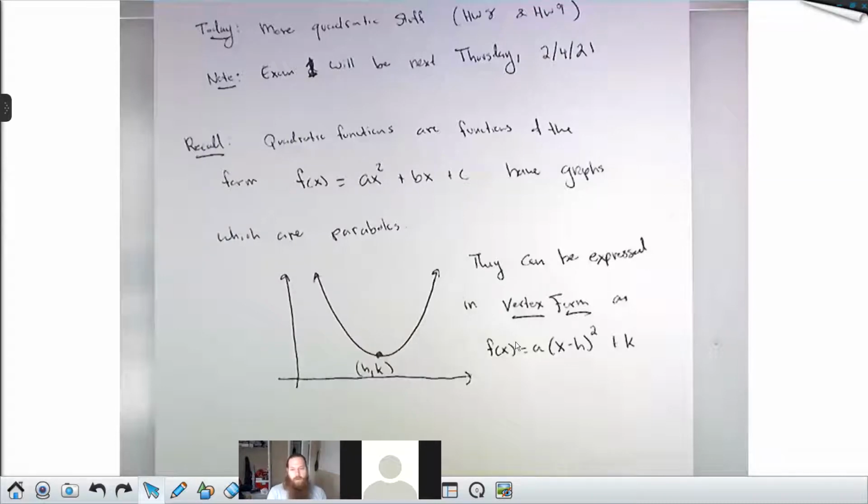The number a here, the lead coefficient in vertex form, is the same as the lead coefficient in standard form. And then h and k are the coordinates of the vertex. This is the stuff that we've done so far.